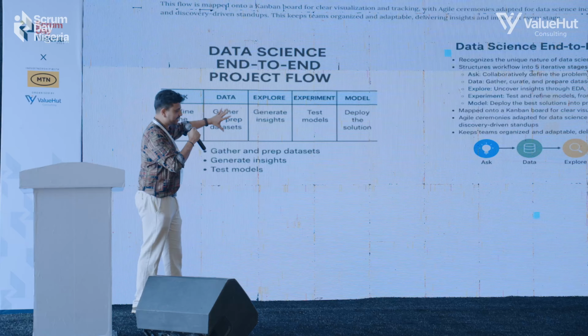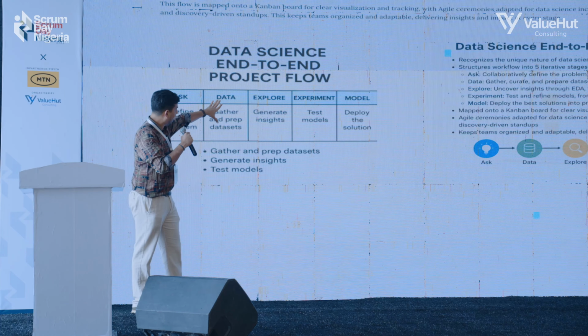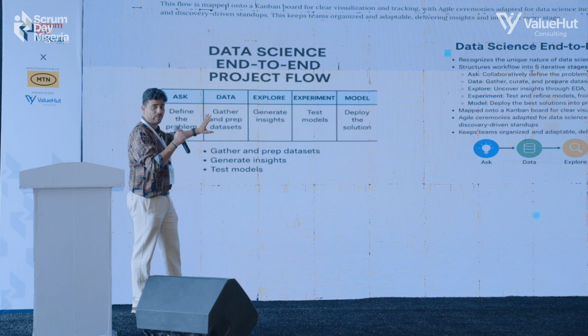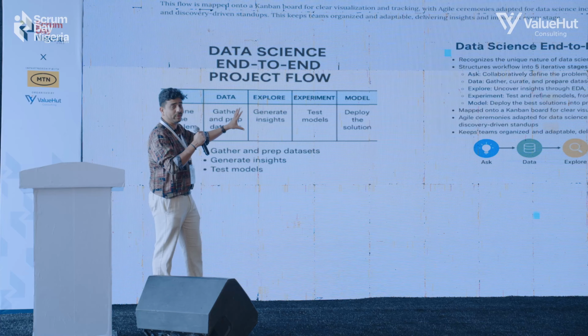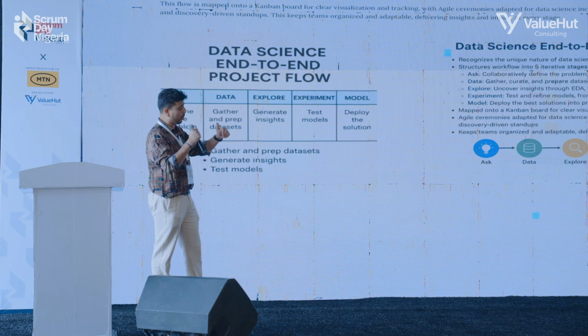The next one is, as I explained in the Starbucks example, gather and prepare the data sets. It's very important because you're collecting the insights from your customer. Then you're generating insights based on the heat maps. What time of the day were the coffee shop sales higher? What time of the day were they lower? And how many coffee sales were made in the evening?